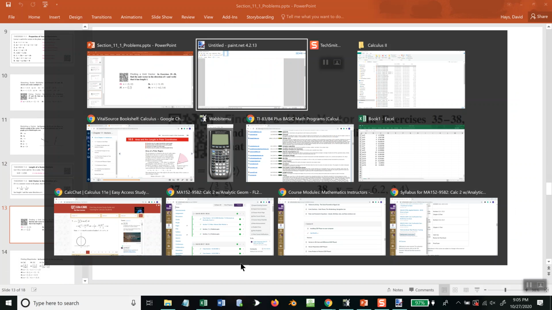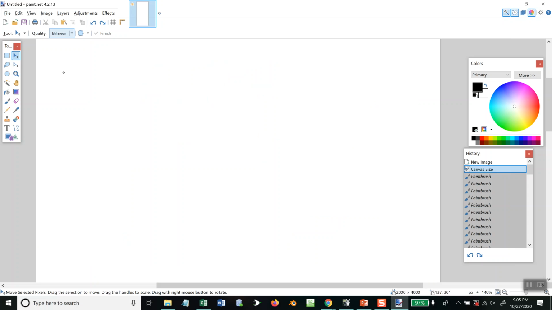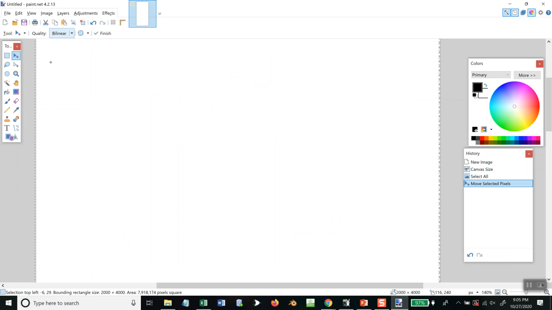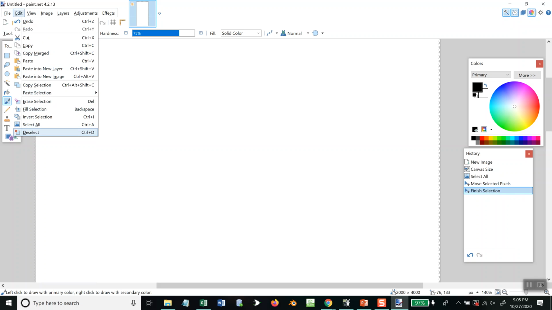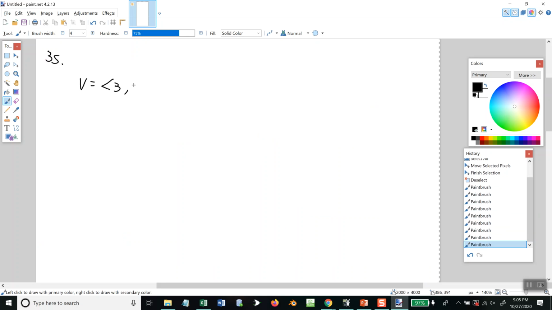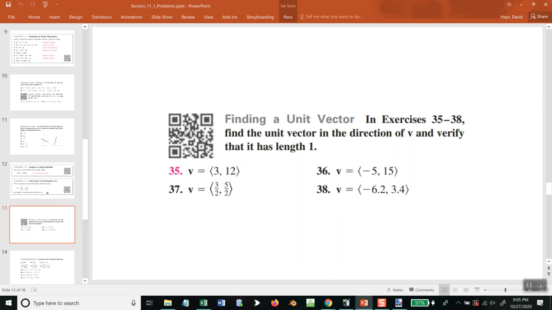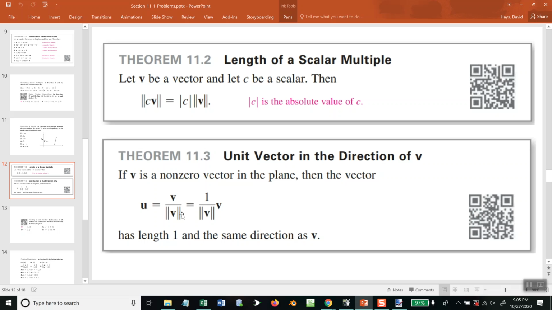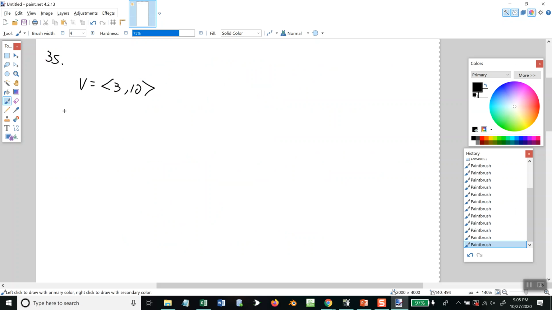Okay, so let's take a look at number 35 using that formula. Our unit vector is going to be the vector over the magnitude. Well, let's find the magnitude.